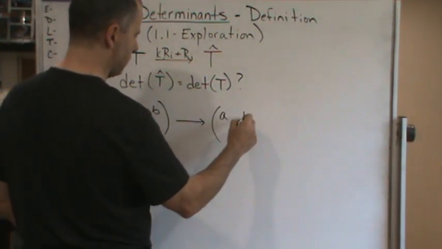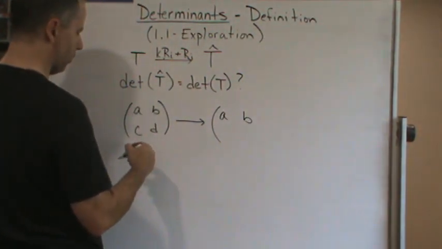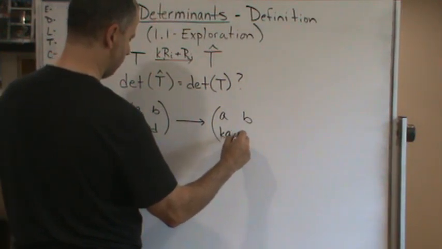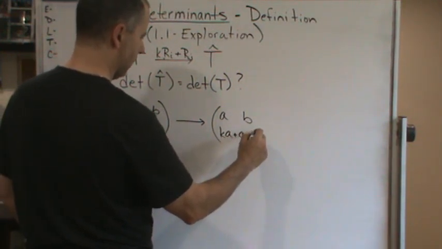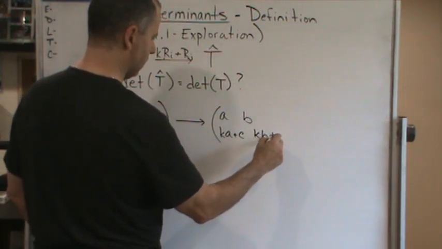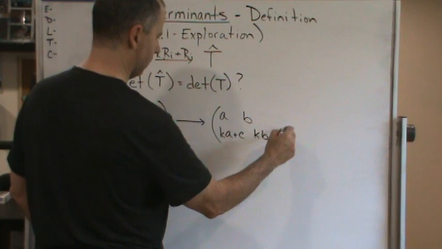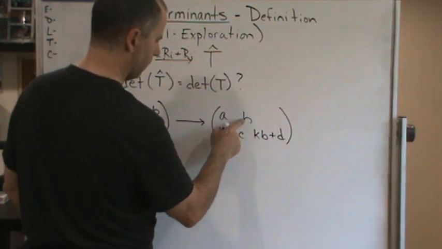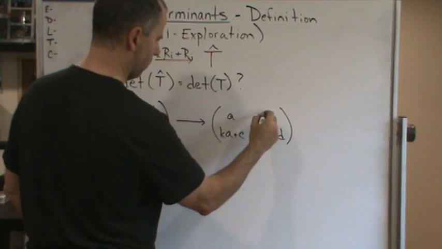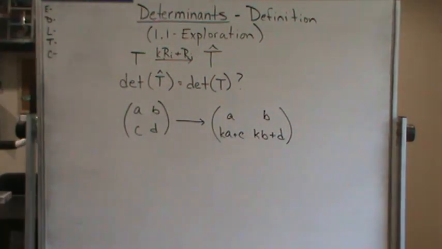So row 1 will be unchanged, and we're going to get K times A plus C, and then K times B plus D. Okay, so that's our new matrix.